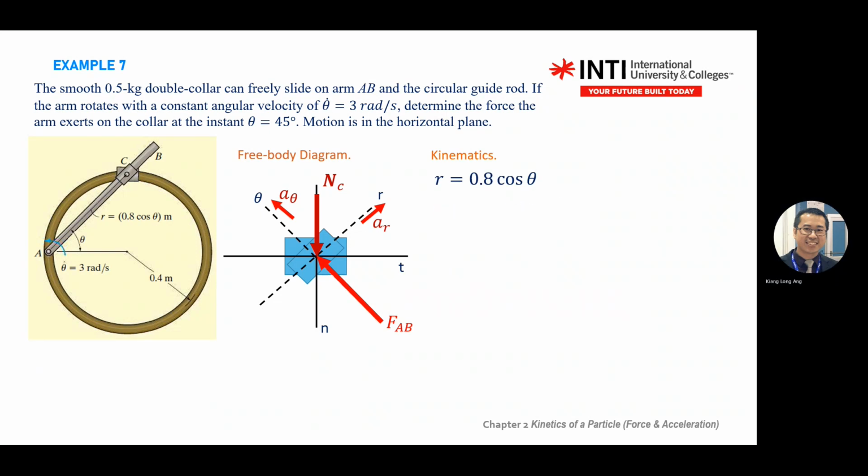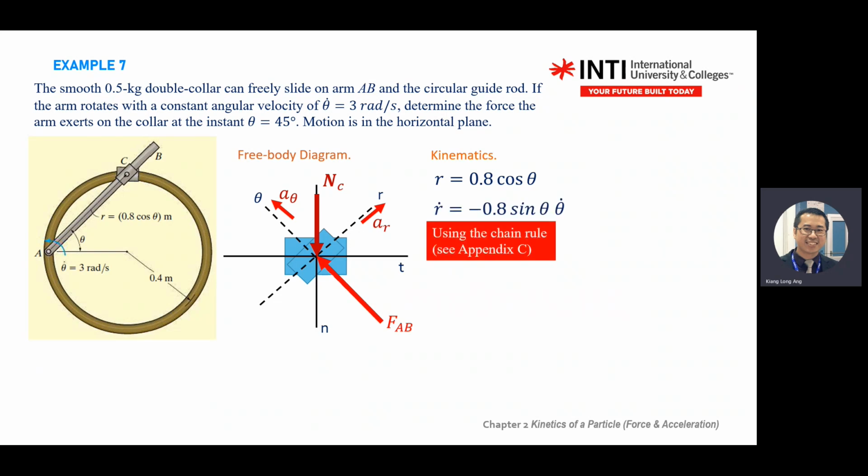So there's one equation that you need to recall from when you learned about cylindrical coordinates previously, where you need to use the r dot and r double dot. These are differentiations, so go home and read Appendix C to recall, right?